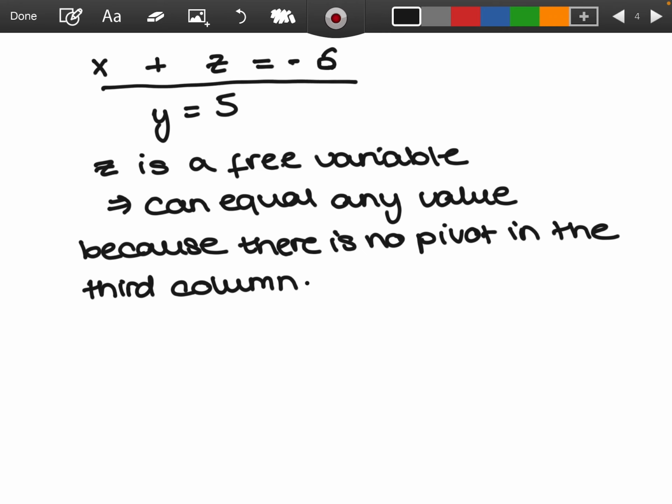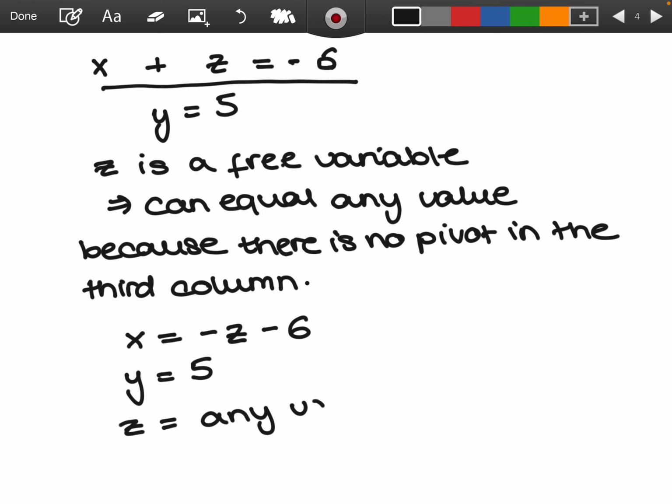Now z can equal anything it likes, and x is going to depend on whatever particular value you pick for z if you are looking for a particular solution. So always write each variable that depends on a free variable in terms of that free variable. So I would have that x is equal to -z minus 6. I just rearrange it so it's in terms of z.